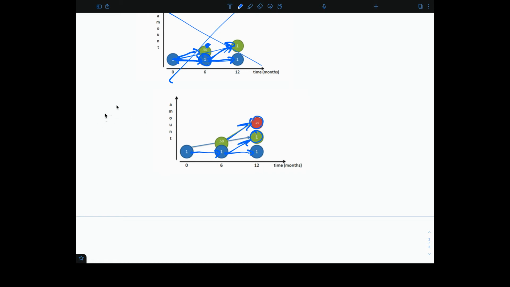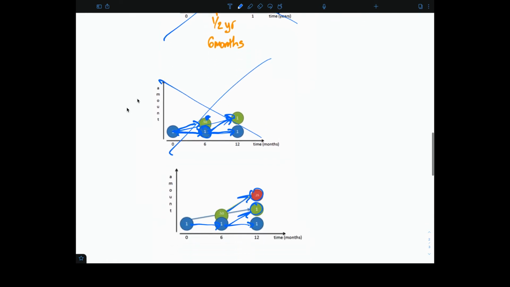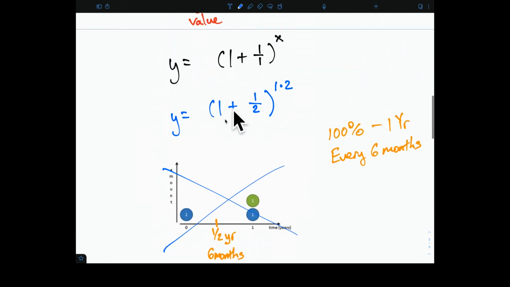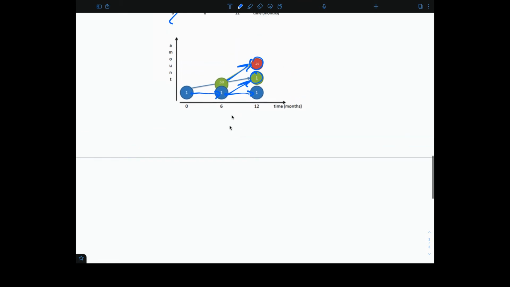Okay, and you don't have to take my word for it. We can actually calculate what it's going to be equal to. So what I'm arguing here is this visual representation is 1 plus 1 plus 0.25. If I add 0.25 plus 1 plus 1, I get 2.25, right?